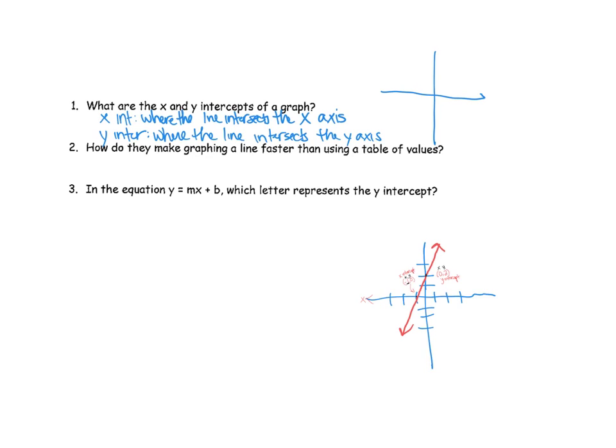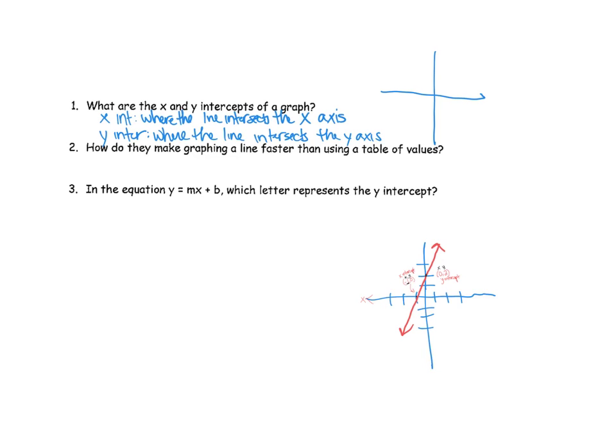You just plot 2 points, right? The x point and the y point. And then you draw a line, that's easy. Way better than a table of values. And you know what, you guys? I just wrote that red line, but I never even told you what the equation of that red line was. I just told you the intercepts.